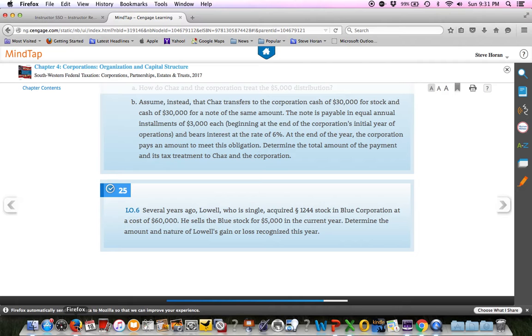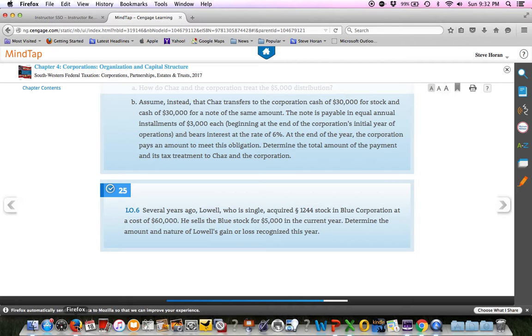Just to explain that one a little bit, typically stock investments are considered capital assets, and gain or loss recognized on disposition would be given capital gain or loss treatment. However, because Blue stock is Section 1244, which is considered to be small business stock, up to $50,000 of the loss, or $100,000 for a married taxpayer filing jointly, is given ordinary treatment.